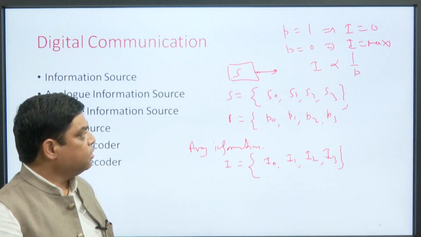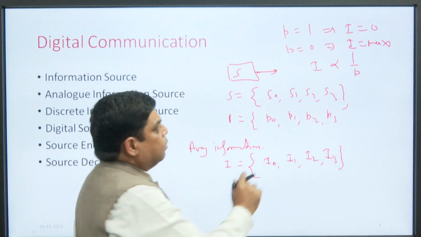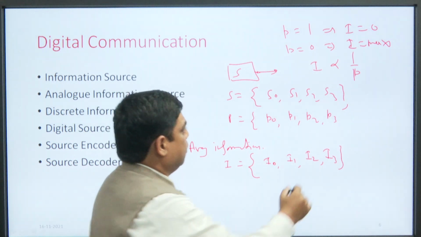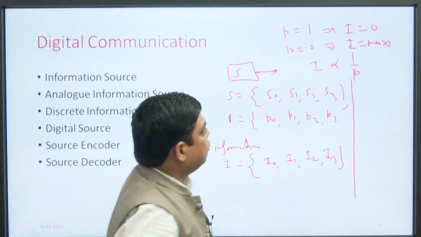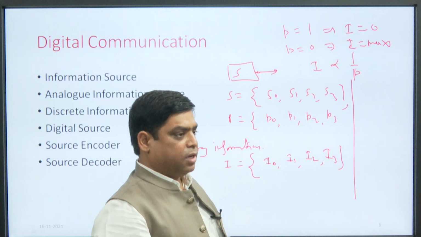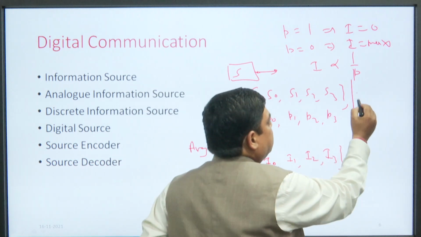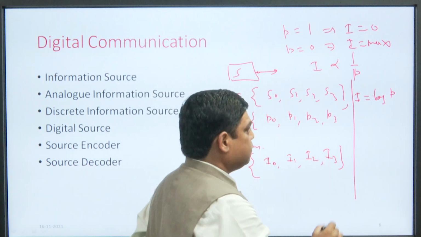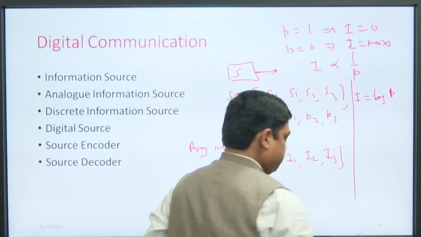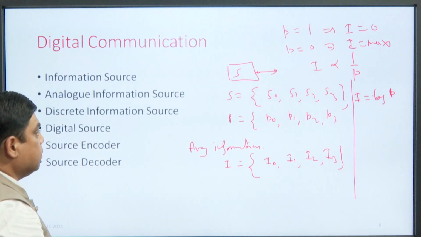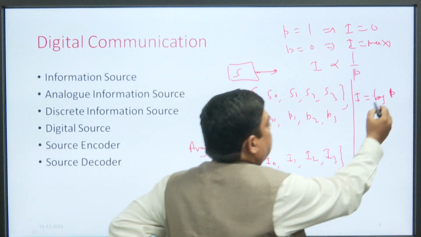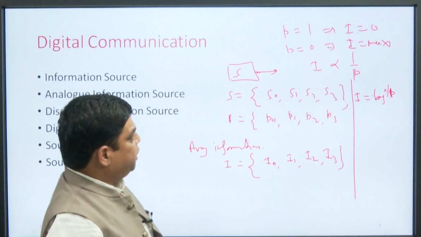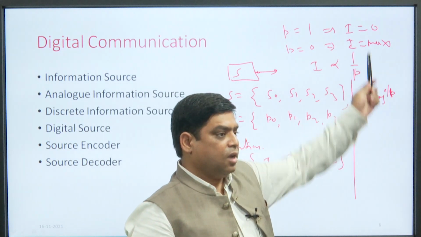Now to correlate this, because I is 0 for P equal to 1, it may be of a logarithmic nature. I is equal to log of 1 upon P. When P is 1, log of 1 is 0, so I is 0.